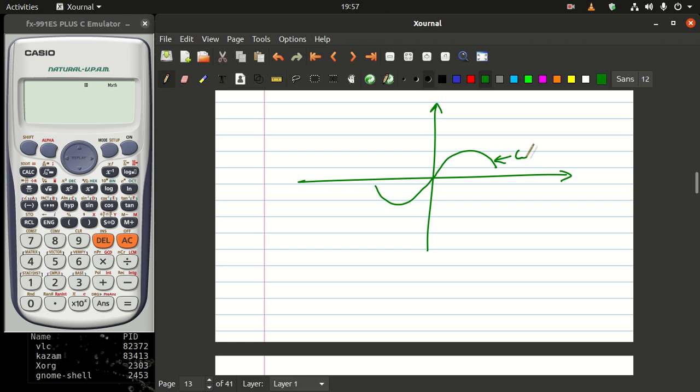This one is sine of x, and someone decided to go with this one, y is equal to x squared. This side is bigger up to this far. We have 0 here, and then someone decided to do this instead.